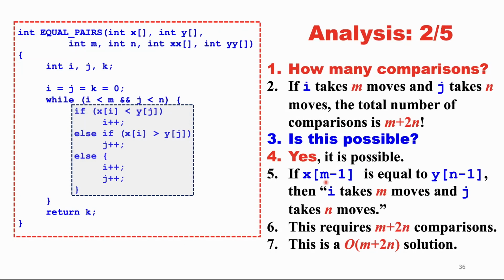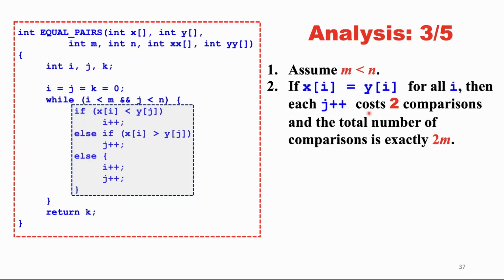This is possible if xm minus 1, the last element in x, is equal to ym minus 1, the last element in y. Then i takes m moves and j takes n moves. So in this case, we need m plus 2n comparisons. Therefore, this is an order m plus 2n solution.